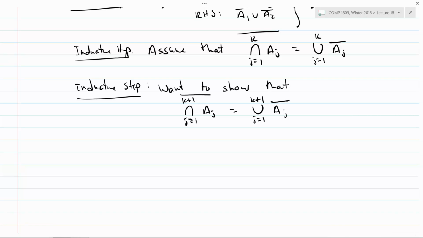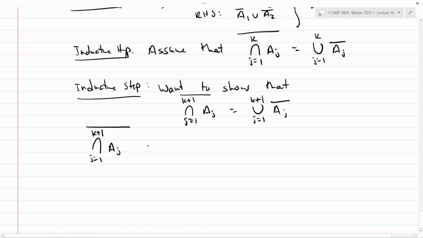So I'm proving something about an equality, so I should start on one side and work to the other. And I'm proving something that's kind of like a sum, so I'll split off the part I know something about. So I start on the left side: the intersection from j equals 1 to k plus 1 of aj, all complemented.